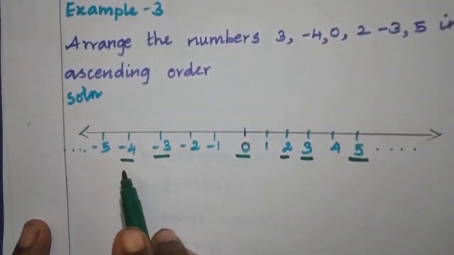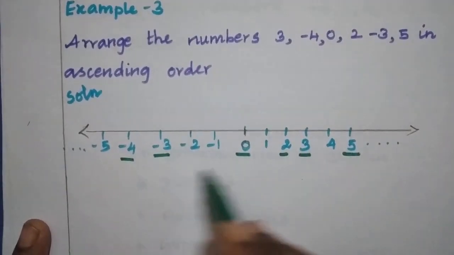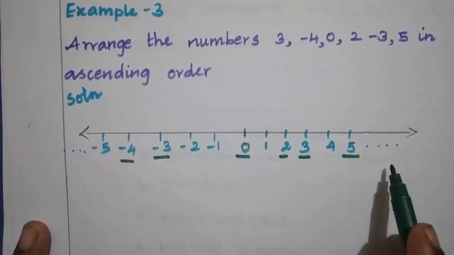So the numbers to the left of 0 are in decreasing order and to the right of 0 are in increasing order.